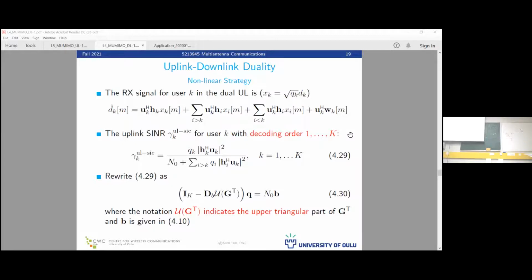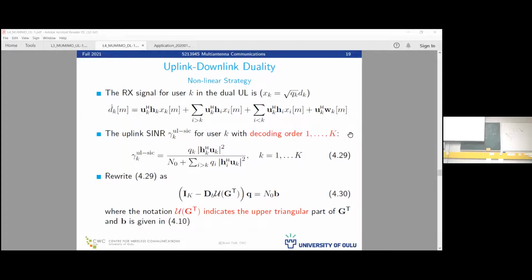Right, so the process, if we start from user 1, this would be the desired signal. This is the interference. We choose U to be the MMSE receiver, assuming 2 and 3 are interference. Decode d1, assuming interference from users 2 and 3.